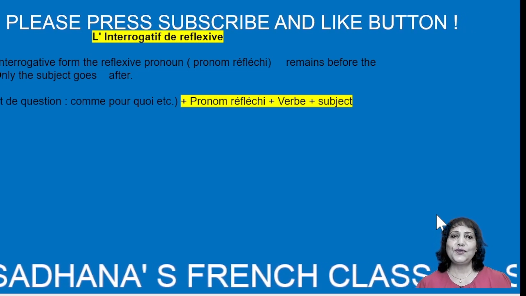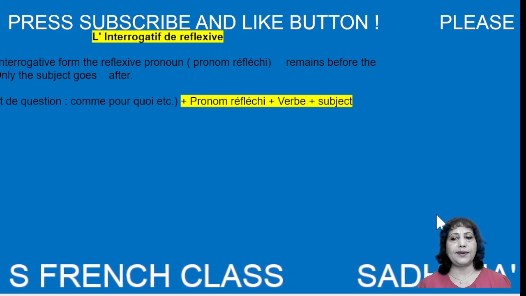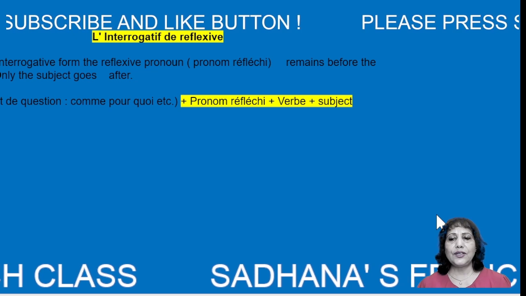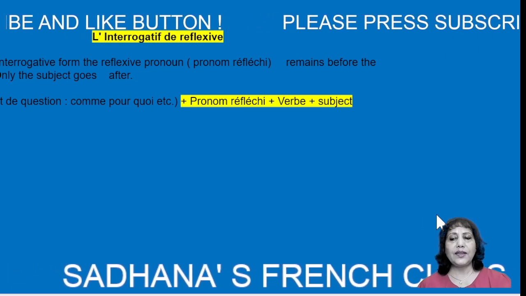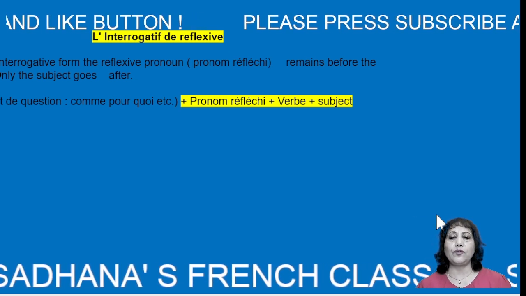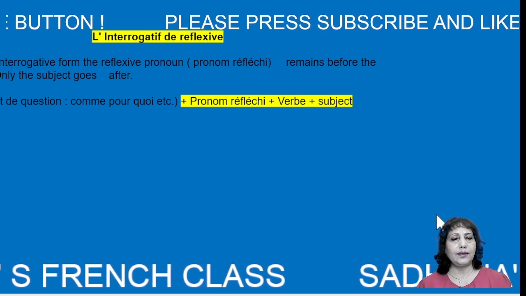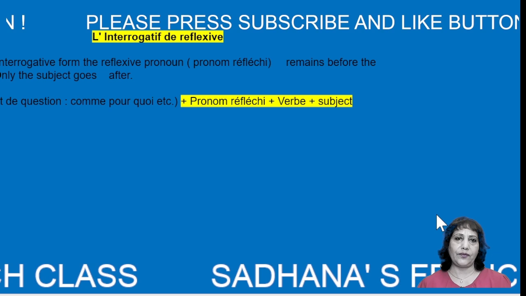Well, so you have learned the affirmative pronominal and the negative pronominal, and now comes the interrogative. The interrogative of the reflexive or pronominal verb. In the interrogative form, the reflexive pronoun remains before the verb only. The only change is that the subject follows after.